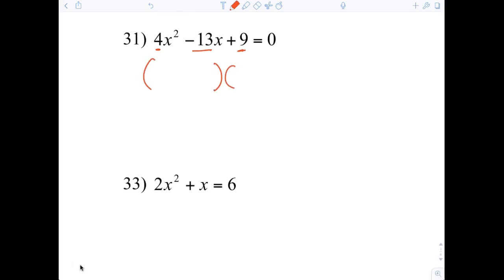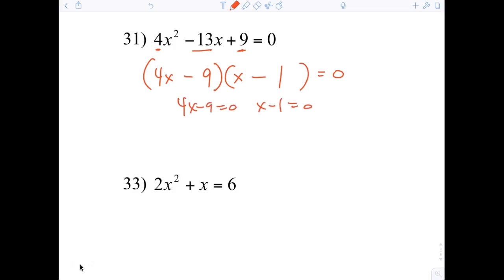So here we have 4x and x. And then 9 has to go on the left, because if I put it on the right, there'll be 36. So I have to put 9 on the left, 1 on the right, and they're both negative. Everybody comfortable with that?